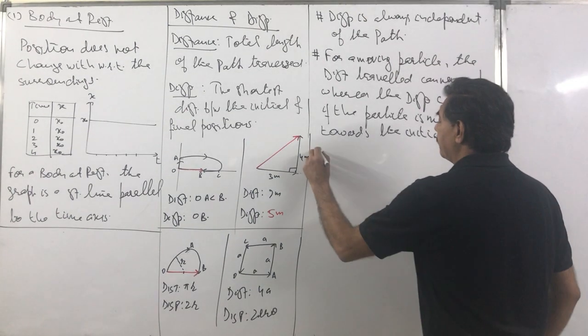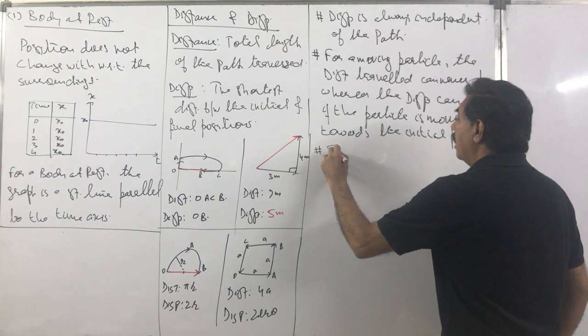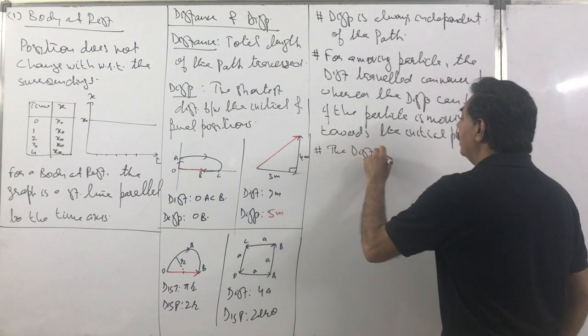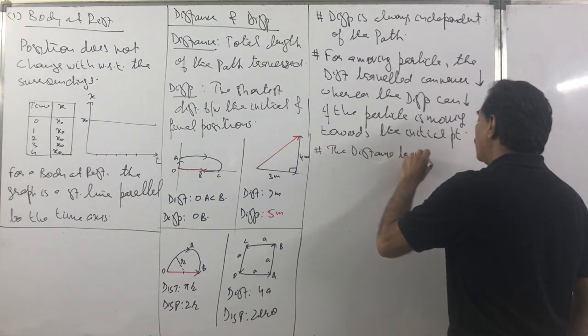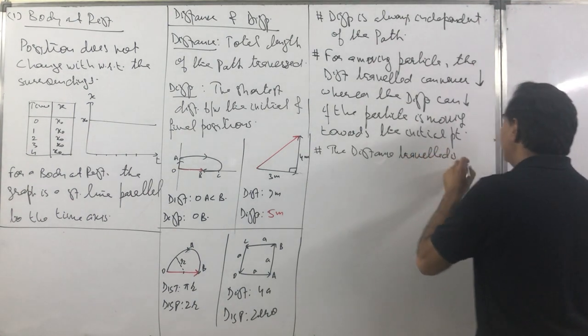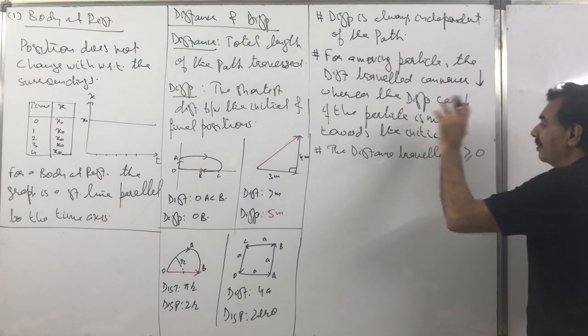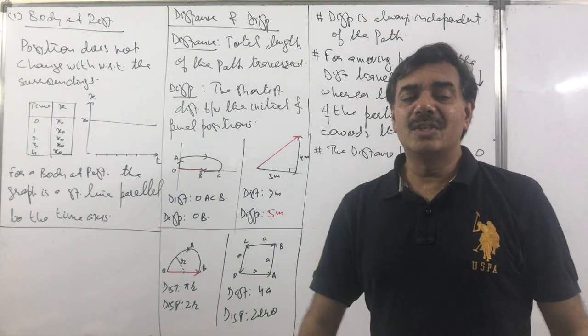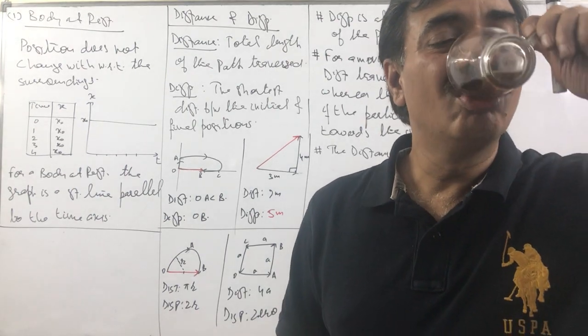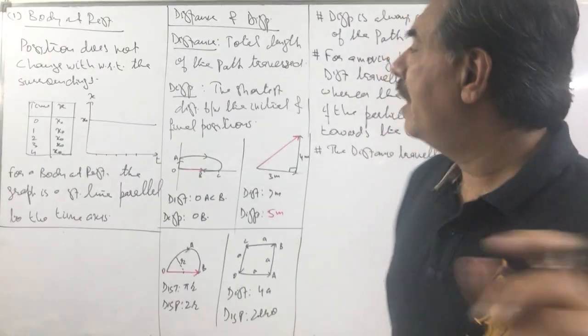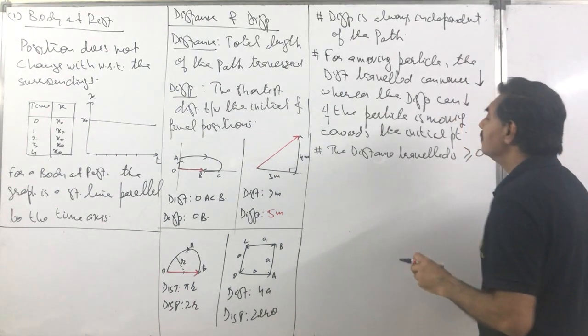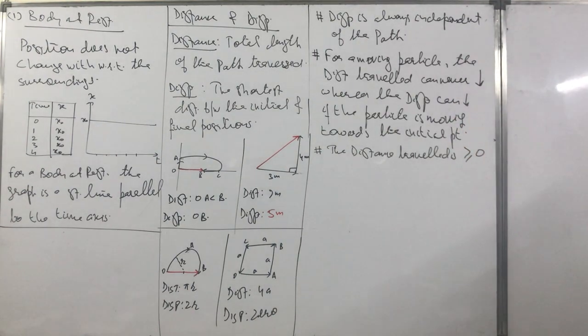Okay, another point. The distance traveled is greater than or at the most equal to 0. For a moving particle, the distance never decreases, whereas displacement can decrease if the particle is moving towards the initial point.